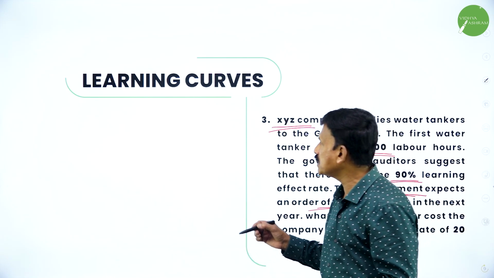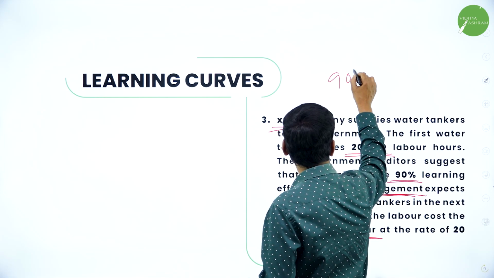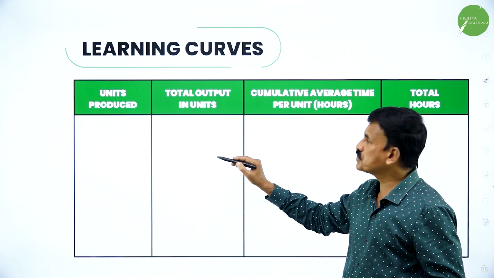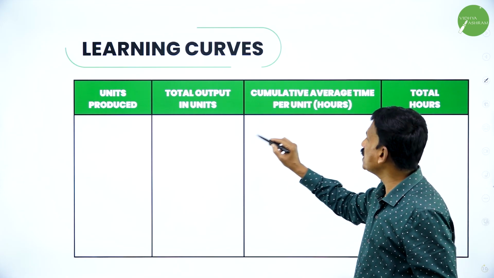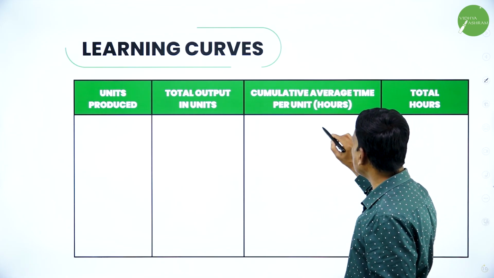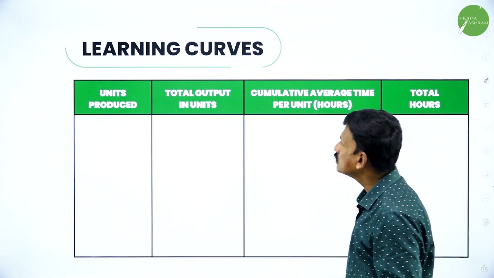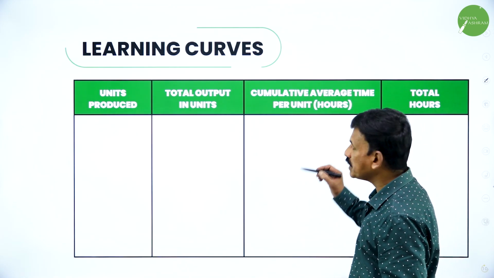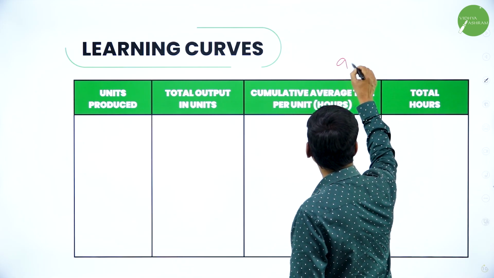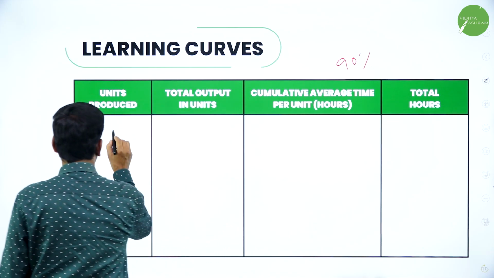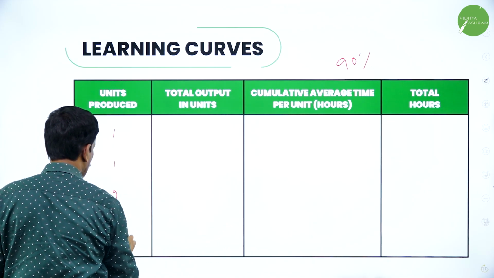This is given for a 90% learning effect. So here we can write units produced, total output in units, cumulative average time per unit, and the total hours. For 90%, the units produced, as we know, are 1, 1, 2, 4.